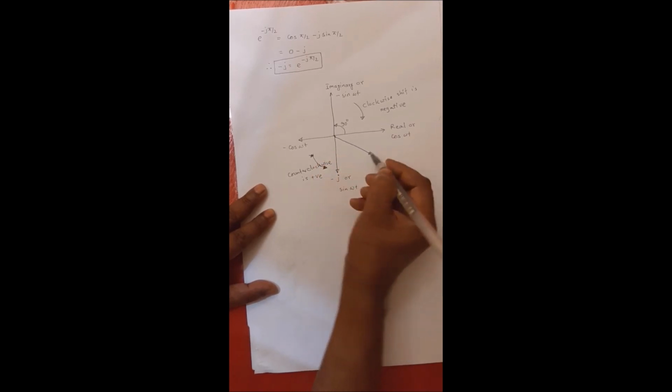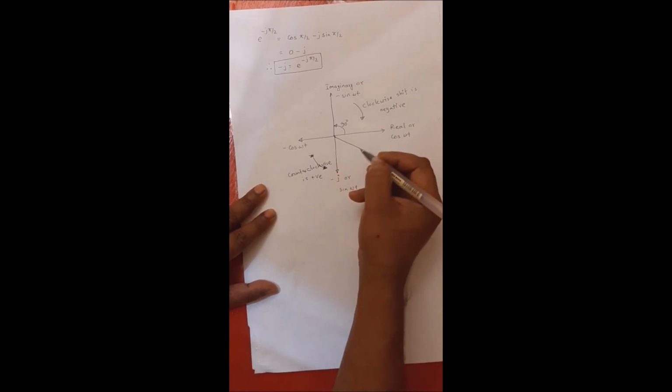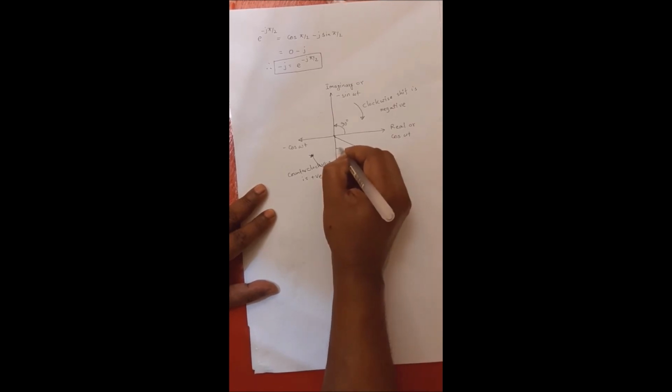We place the function on this system. It will be pi over 3 equal to 60 degrees shifted in the counterclockwise direction from the negative j or sine axis.